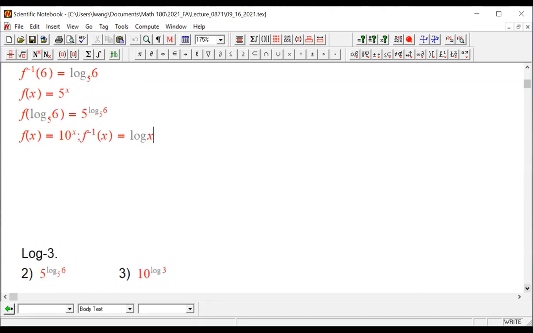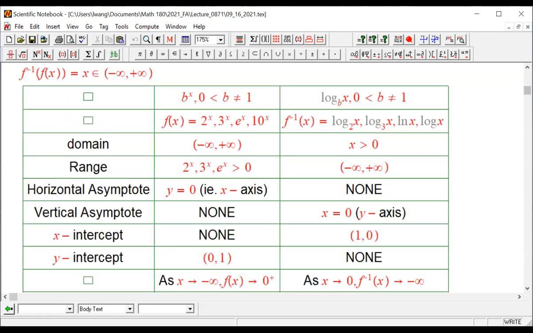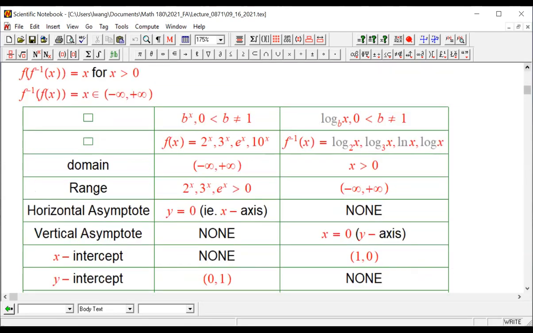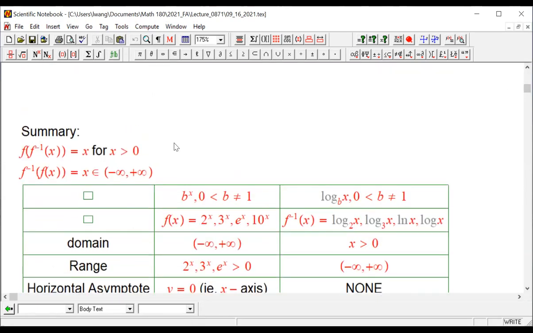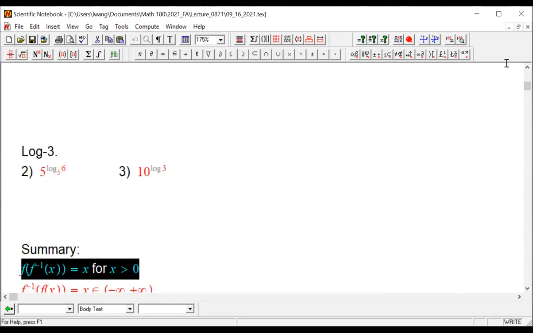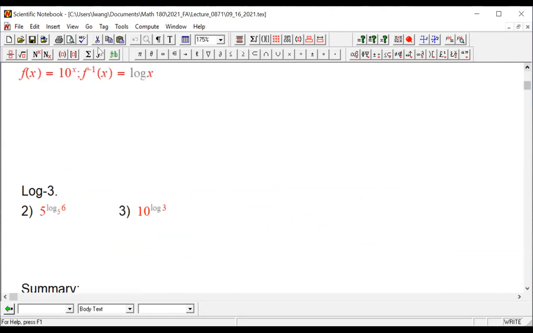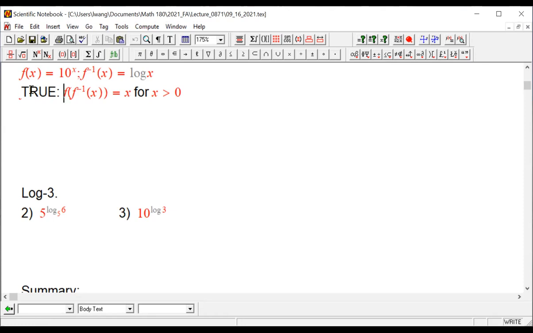For this pair, the property still applies. So this is true. You guys follow me? It's true for any pair of inverse functions. In particular, we're just applying this result.